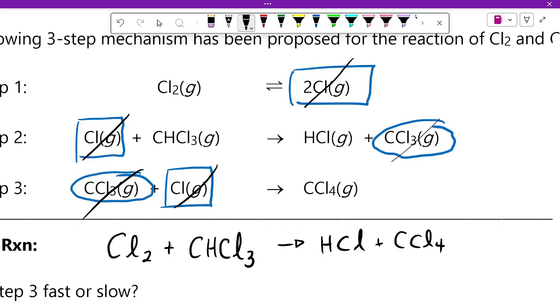One thing that I found my AP students thought last semester, they thought having a many-step reaction mechanism made a reaction slow. It does not. Okay? Having a many-step reaction mechanism does not mean that a reaction is slow.